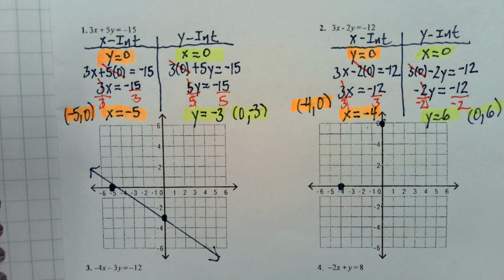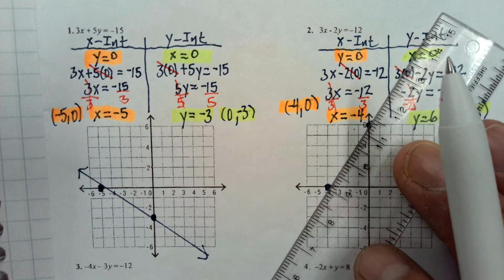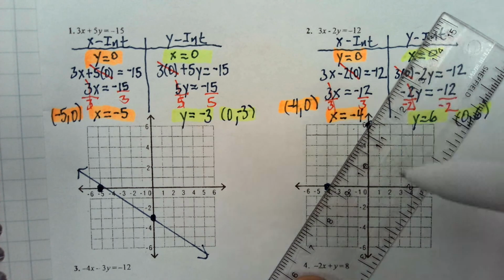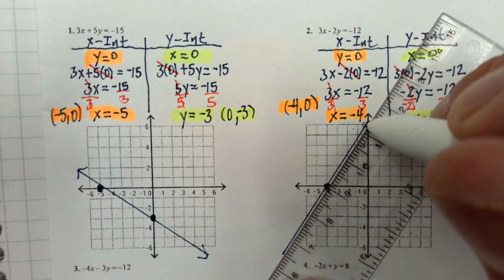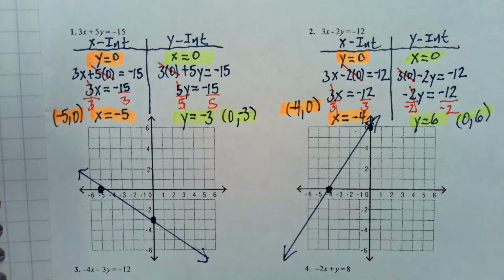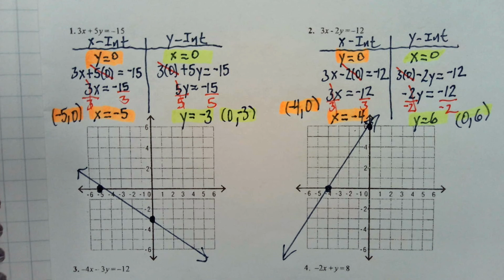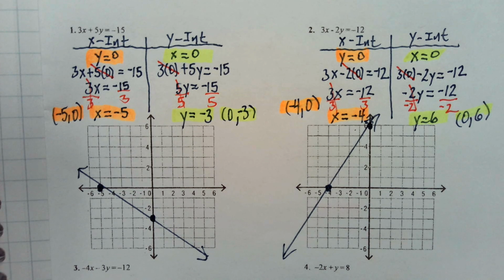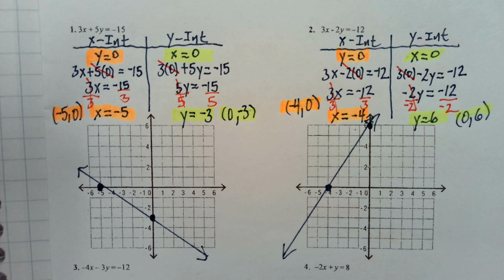So now those are 2 points on the line, so I'm going to graph it. So this line has to cross there. Okay. All right. Let's do a few more.